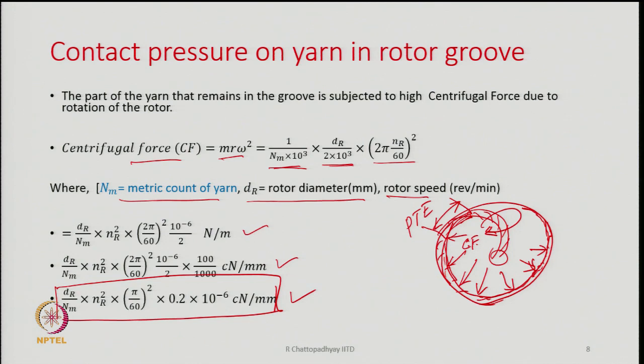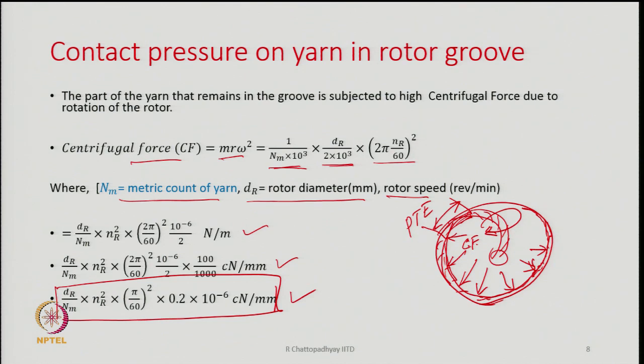That is per millimeter, so much centrifugal force, so much pressure is working. Pressure is in terms of force per unit length, not really force per unit area. It is how much force is acting per unit length of the band of fibers which is there in the PT zone.